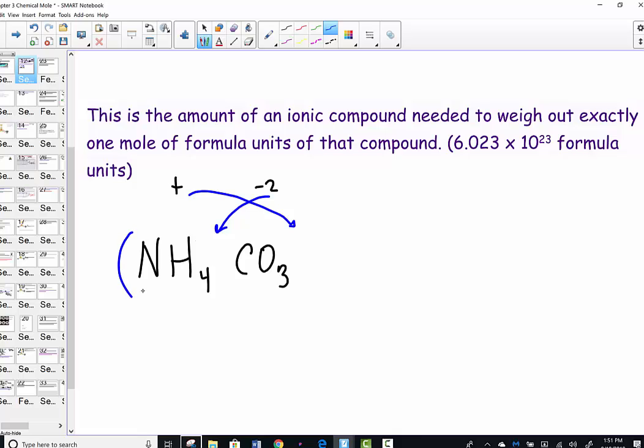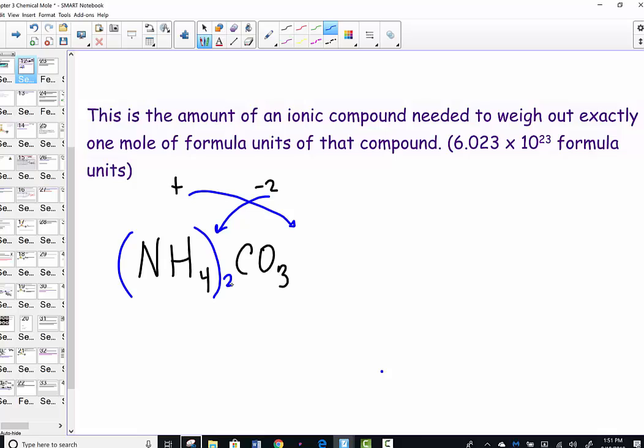When I need to take more than one polyatomic ion, I put it inside a parenthesis, so I can take a group of them. NH4 taken twice, CO3. That's the chemical formula for the compound called ammonium carbonate. I'm trying to integrate that last week's lesson to help us keep practicing.